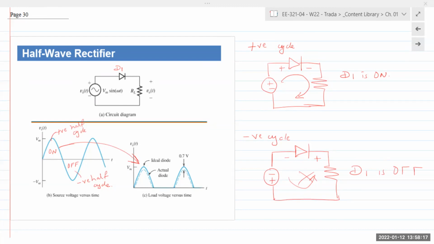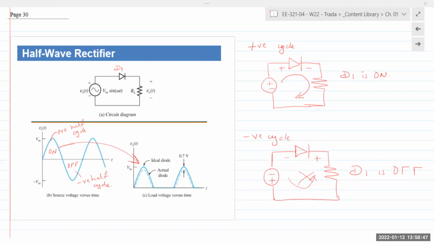So this here on the left shows you the input source voltage. This here shows the output load voltage going to your load. Okay. If it's an ideal diode, we assume that there is no threshold voltage required, right? So if you give an input of 7 volts, you get an output of 7 volts. But in a real life circuit, if you have one diode and you give 7 volts, well, 0.7 is going to be deducted from there in order to turn the diode on.